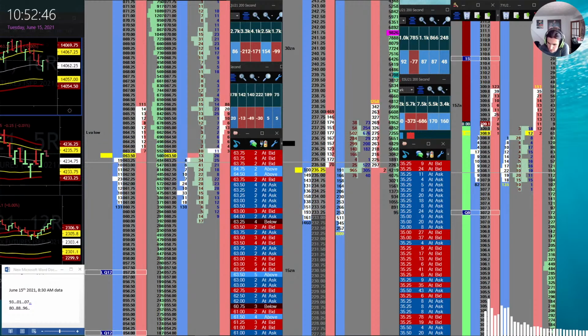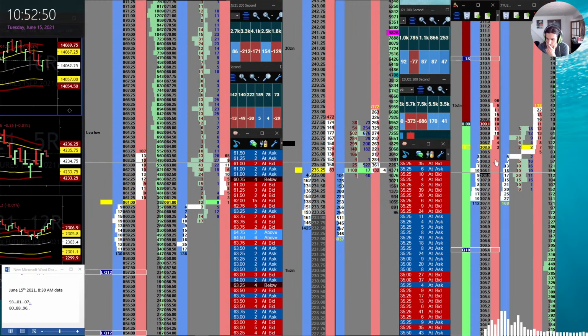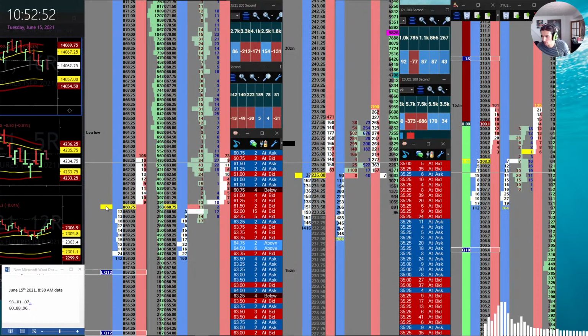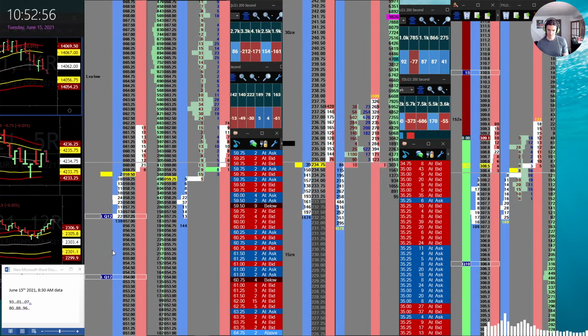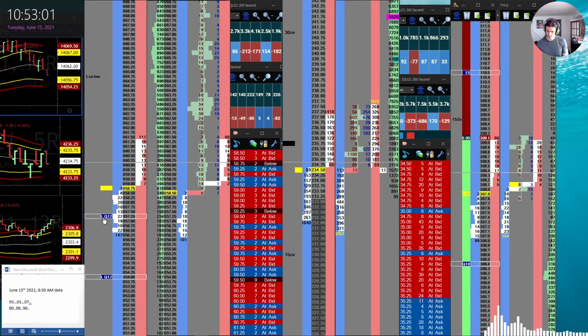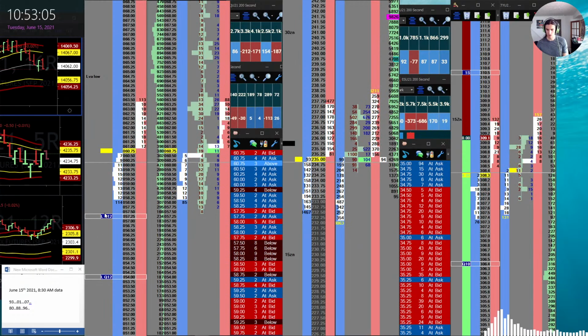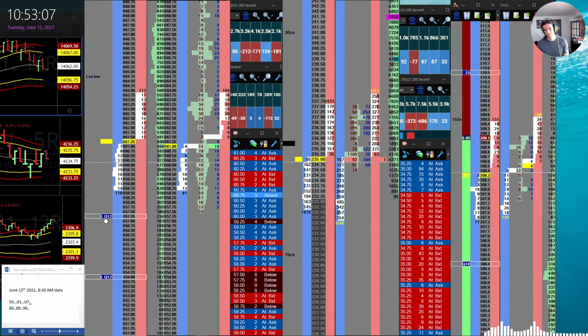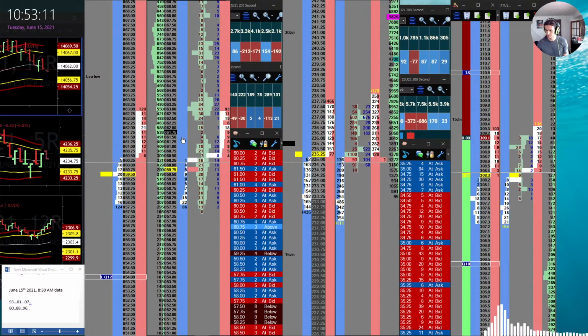This is a range play here. Really, I don't want to see this over 10 on the ruts here. There's 59 for you. Wow. One tick away from that order.